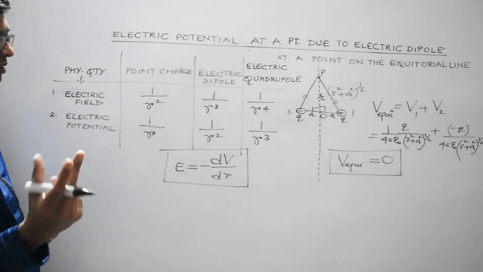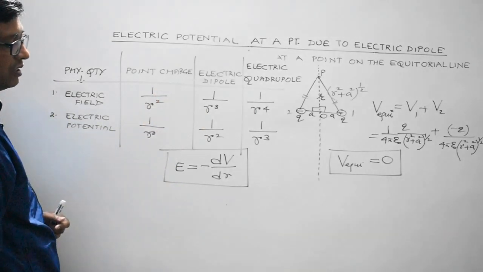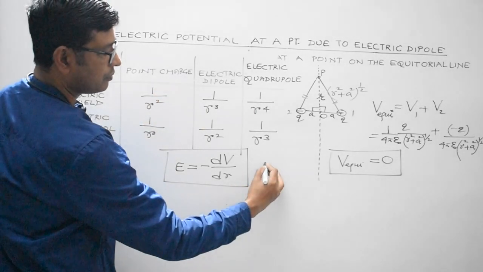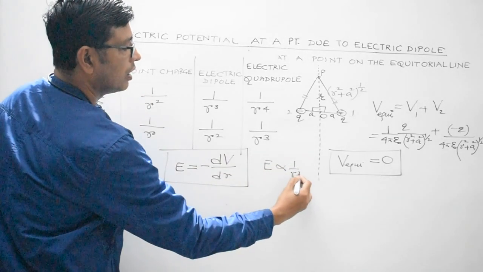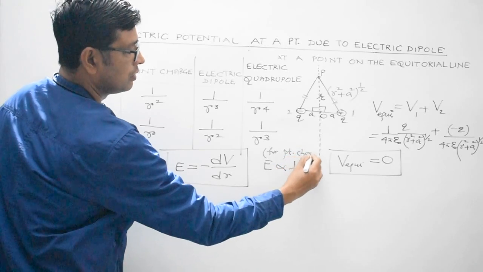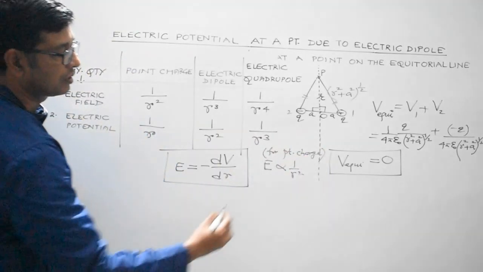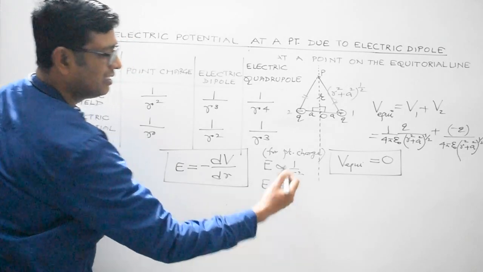I'll derive it in the case of a point charge. We know that for a point charge, the electric field varies as 1 by r square. So it can be written as C divided by r square, where C is any constant.